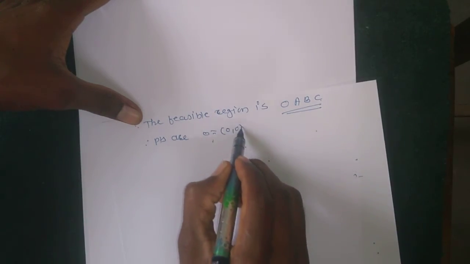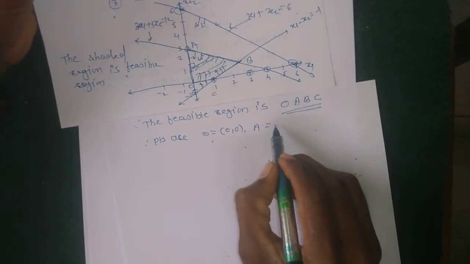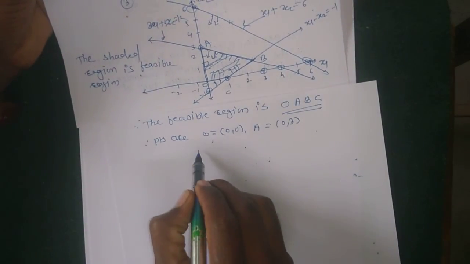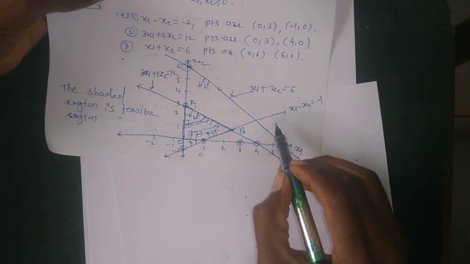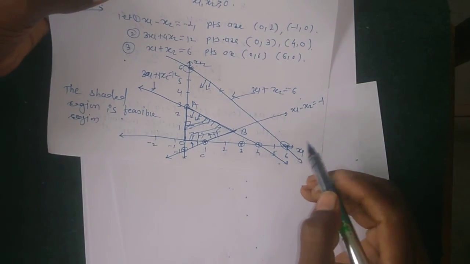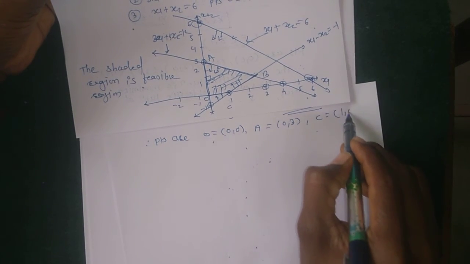The points are: O is 0 0, A point is 0 3, B point is the intersection of these two lines, and C point is 1 0.